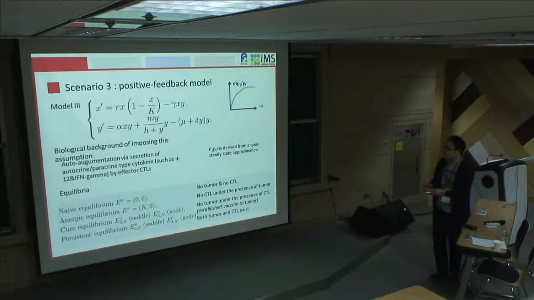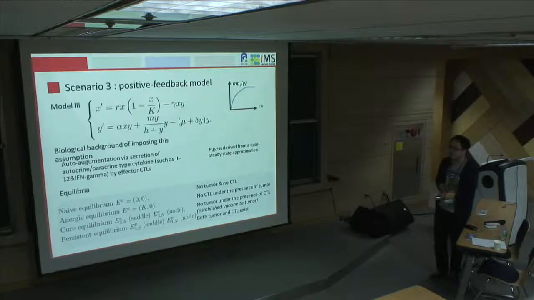In that case, by using quasi-steady state approximation, we can reduce the equation for cytokine and get a single equation. So finally, we get this type of positive feedback function. In this case, we have the following 4 types of equilibria.